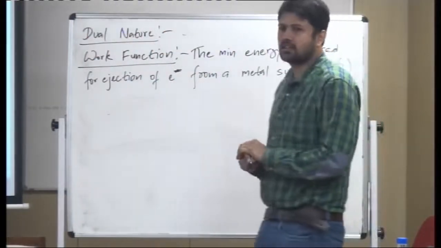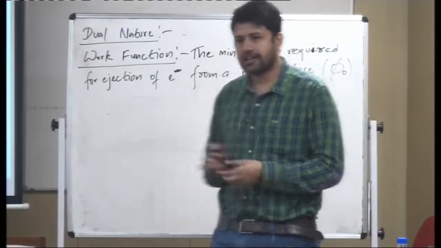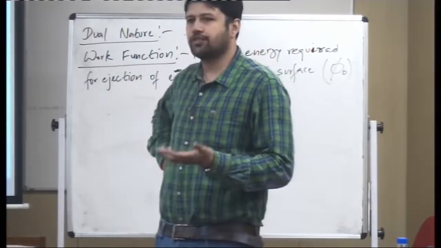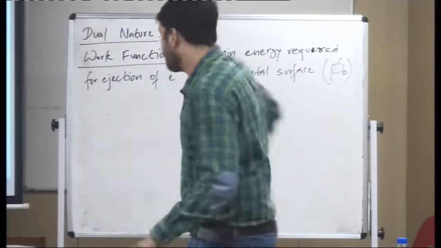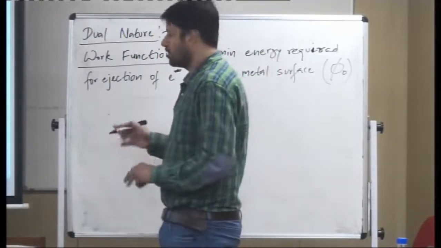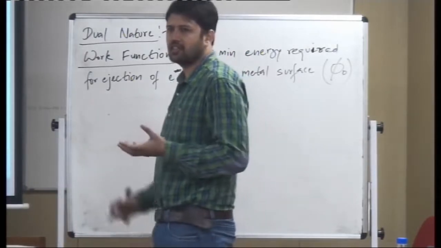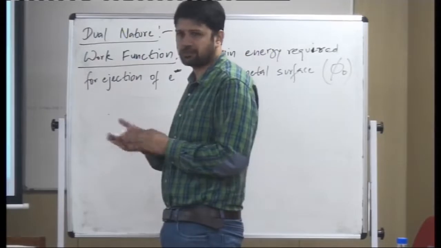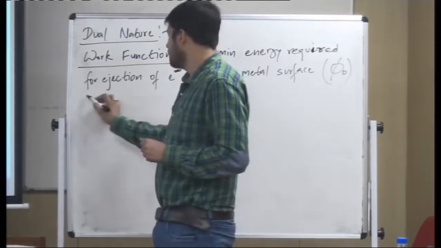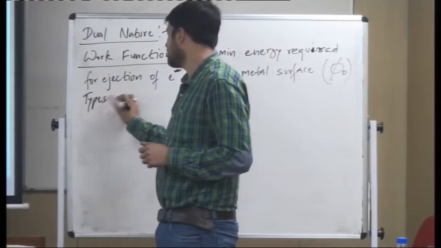Basically, electrons get ejected from a metal surface if you provide some energy. Now that energy can be provided in multiple forms. On the basis of the way of providing energy, we have different names for the procedure. So, types of ejection.